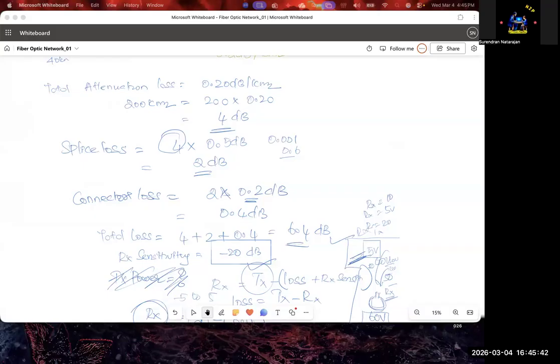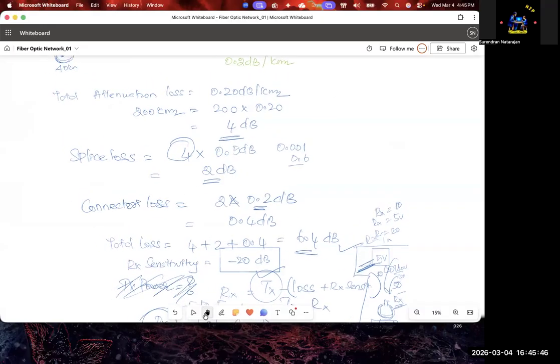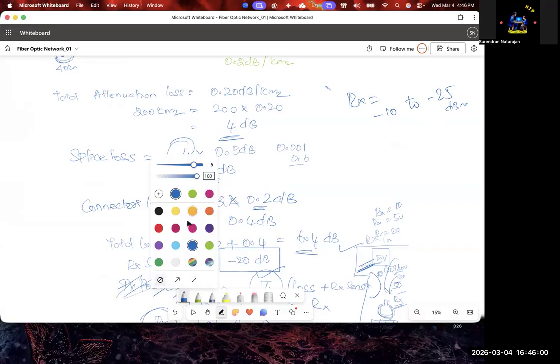Okay, that is the RX level. The range is minus 10 to minus 25 dBm.